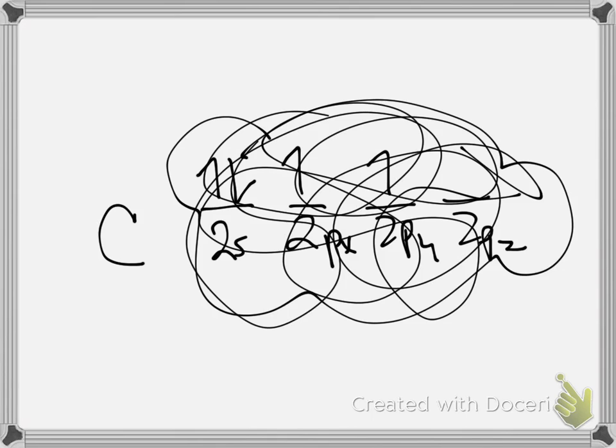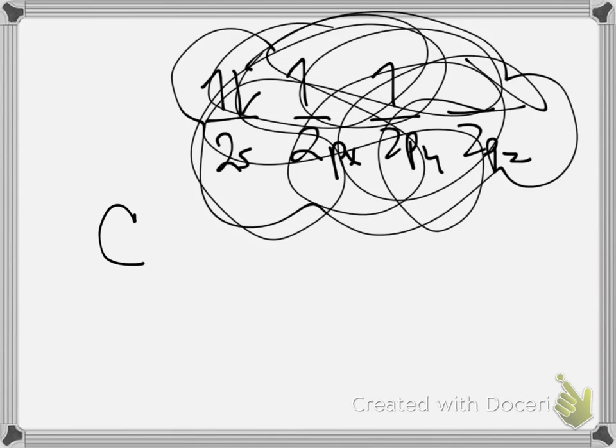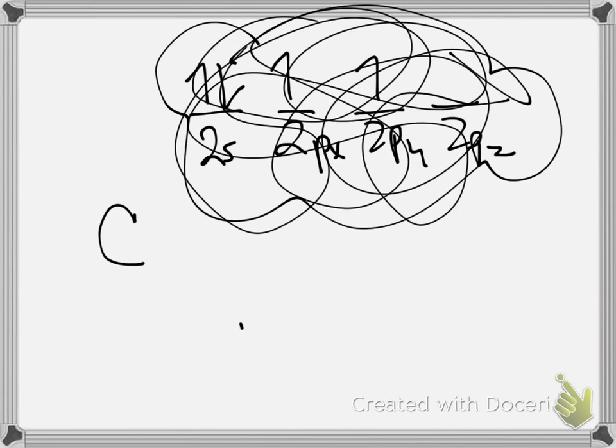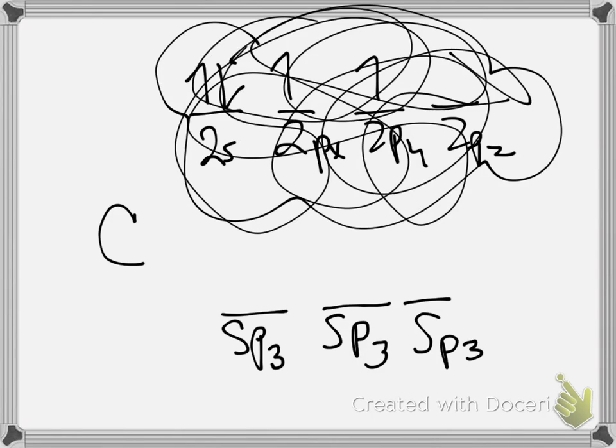And what you get out of that whole mess are four brand new orbitals that are a hybrid of 1 s plus 3 p's. And they each get 1 electron.